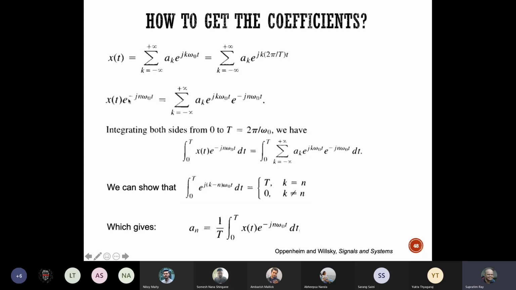I multiply x(t) with a number here, which is e to the power minus j n omega naught t. I will tell you why we are doing this in a bit. But then the same number gets multiplied here. And then I'm going to integrate both sides from 0 to T like this.